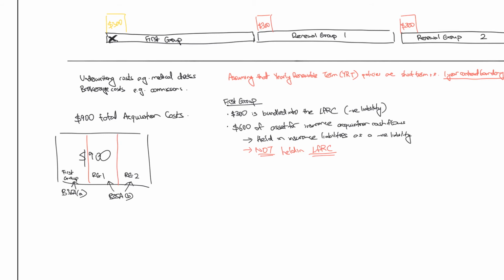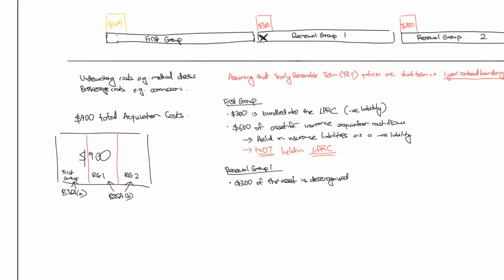Now, when we get on to the second group, so now we're standing here. Okay, so let me rub this out. So let's draw that again. So now we're standing in renewal group 1. So under this case, renewal group 1, then 300 of the asset is derecognised.